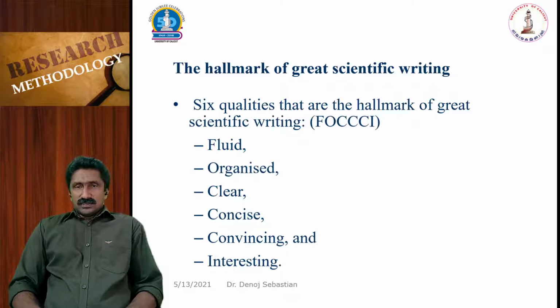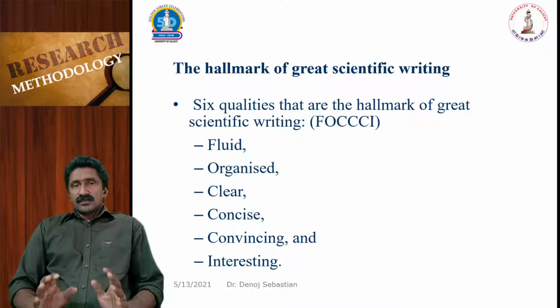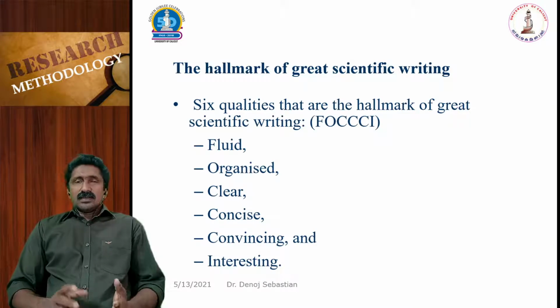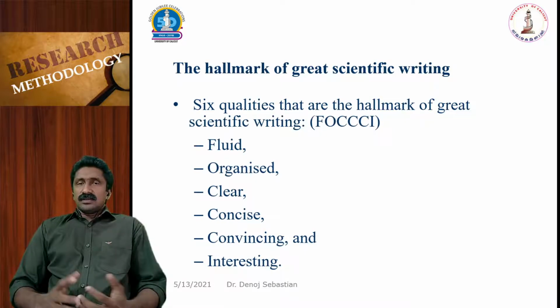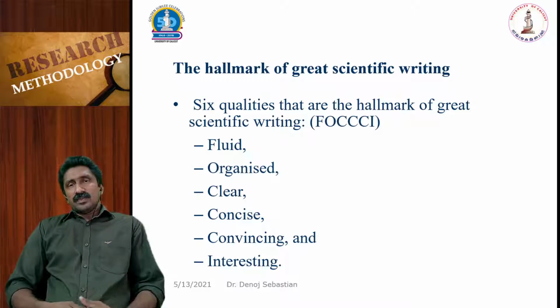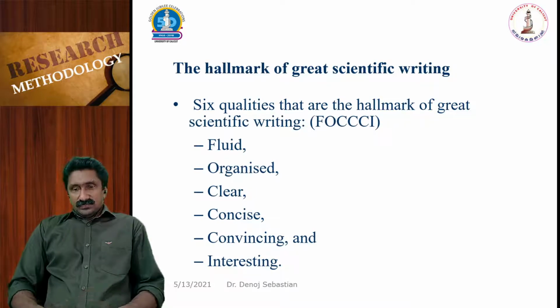Six qualities that were recognized as a hallmark of great scientific writing were: the writing should be fluid, organized, clear, concise, convincing, and interesting. So these qualities were identified as the hallmark of great scientific writing.